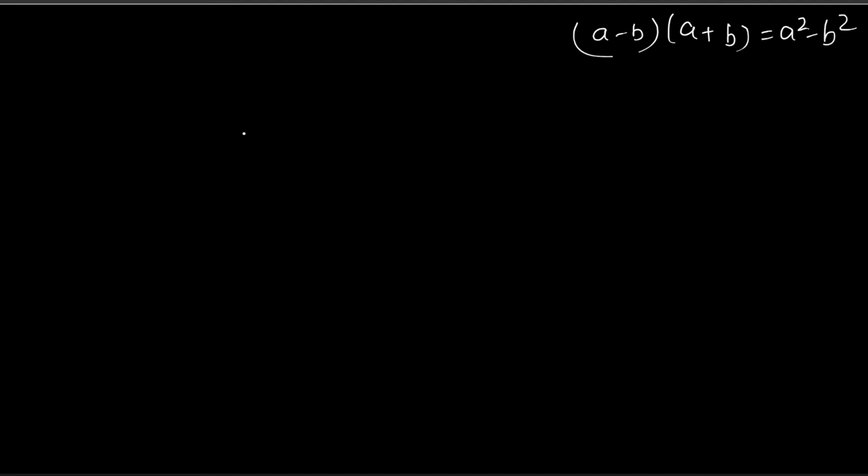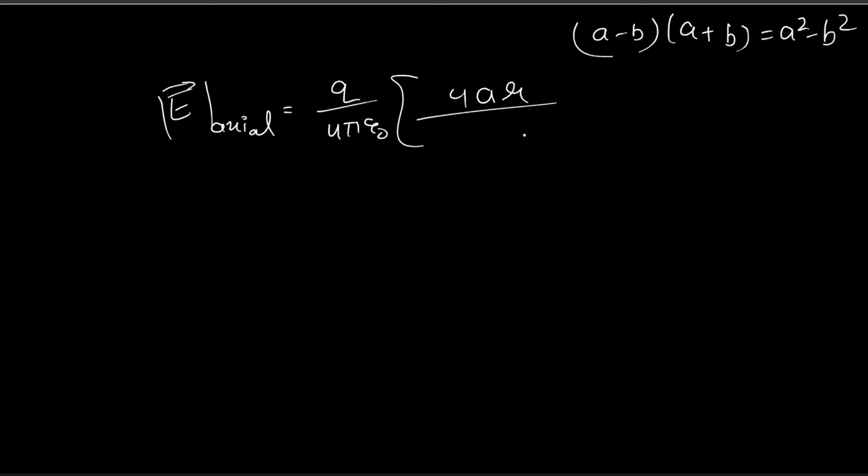Use that identity inside, and then the electric field at the axis, I should write it as axial, comes out to be q by 4 pi epsilon naught outside, and inside the remaining term is 4ar, and below you will get (r square minus a square) the whole square.